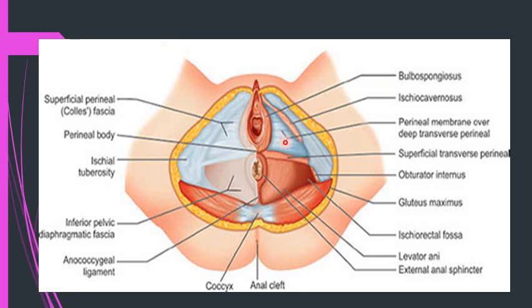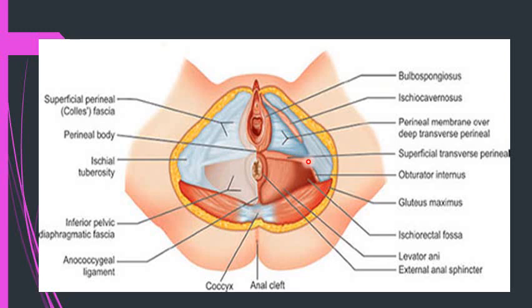you are going to have the superficial and deep perineal pouches. Now in between the thighs, you are looking into the perineum of the female, and that is the area which is showing you the superficial perineal pouch. If I remove that perineal membrane, then you can see the area of the deep perineal pouch, which has the deep transverse perineal muscle.